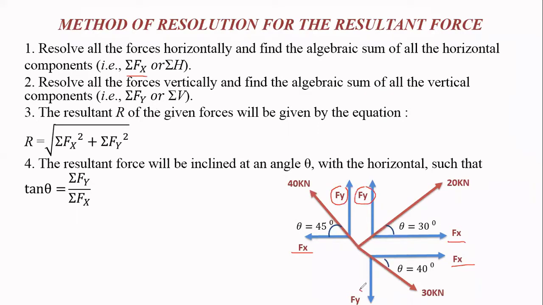Once you calculate these values, put them in this equation and you will get the resultant R. Similarly, this resultant R makes an inclination theta with the horizontal, and to find it, tan theta is equal to summation Fy upon summation Fx. These are the two important formulas for this method of resolution to find the resultant force.